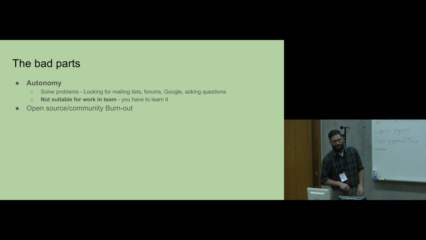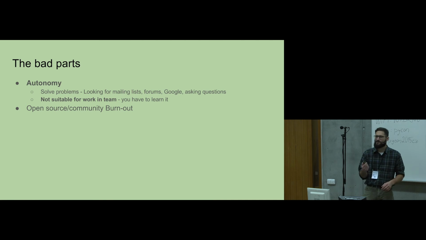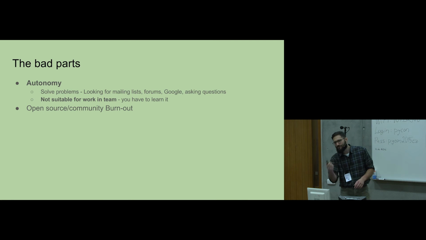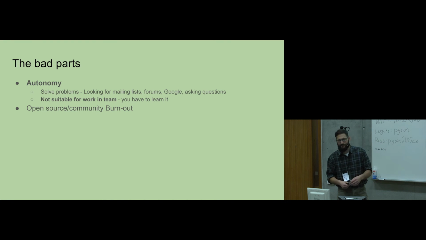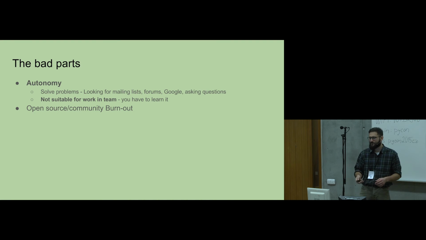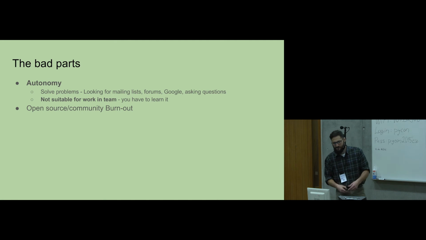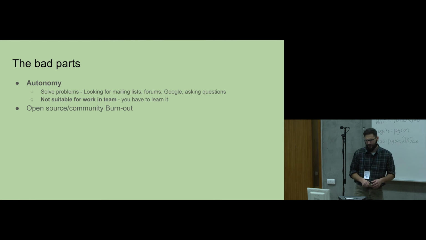Once you become part of a larger team, it's not so good anymore, because you are not used to discussing with people and sharing your minds. Usually you are doing things, not talking about them, because talking on the mailing list takes endless time, and usually the one who implements the feature is in charge. But if you are working in a larger team, you have to learn how to talk to people again. So this would be the bad part of being an open source developer.